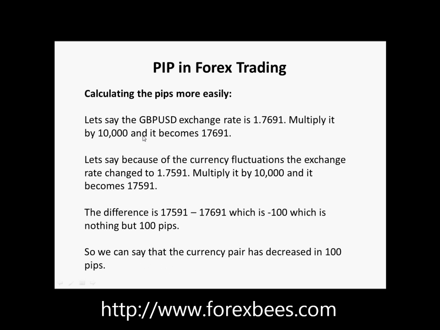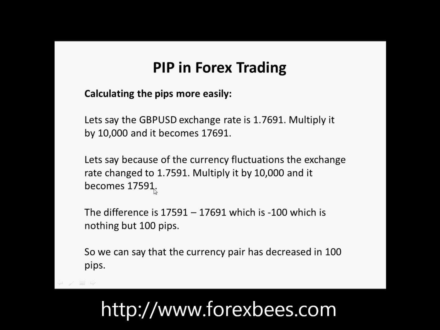Let's say the GBP US dollar exchange rate is 1.7691. Multiply it by 10,000 and it becomes 17,691. Let's say because of the currency fluctuations, the exchange rate changed to 1.7591. Multiply it by 10,000 and it becomes 17,591.